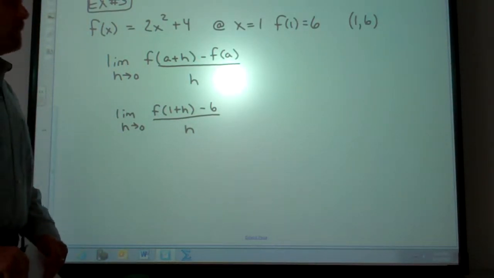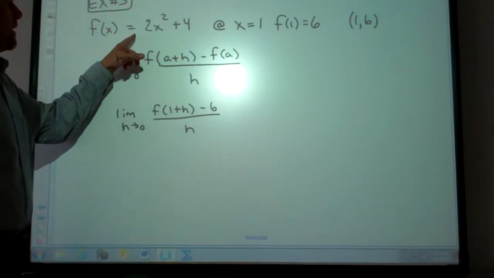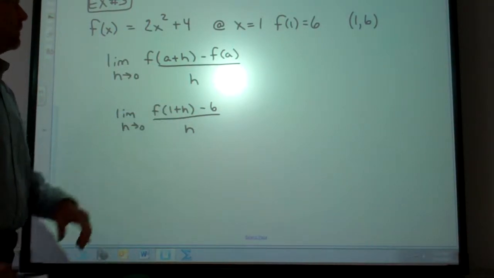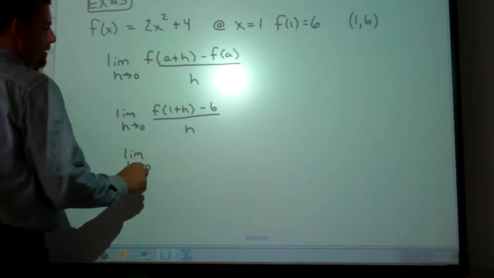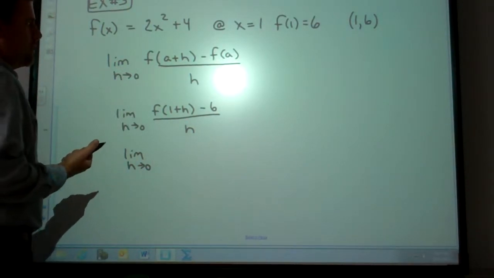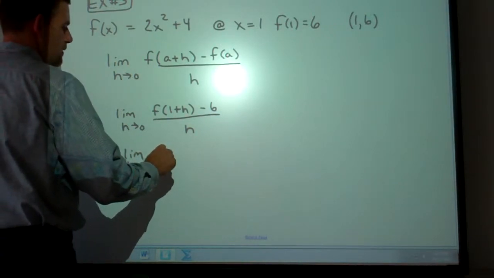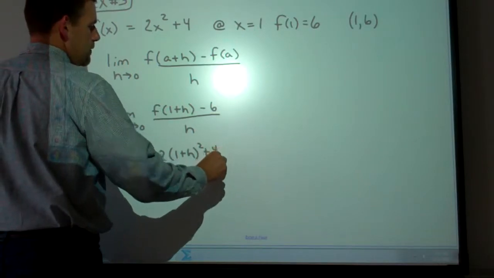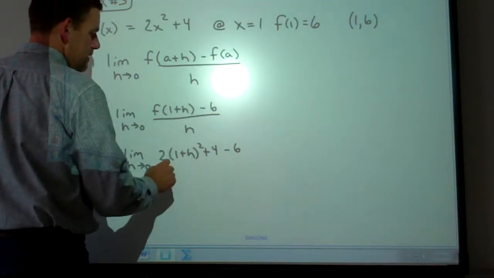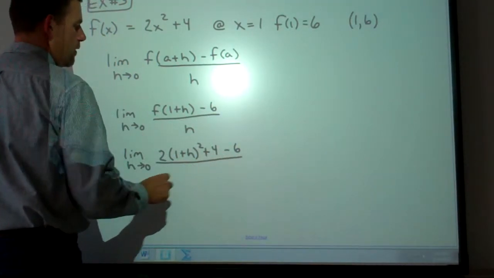Now we evaluate the function f of x at the value of 1 plus h. So this is the limit as h approaches 0, and I put a 1 plus h in wherever I see an x: 2 times 1 plus h squared, plus 4, minus the 6 that's up there, all over h.